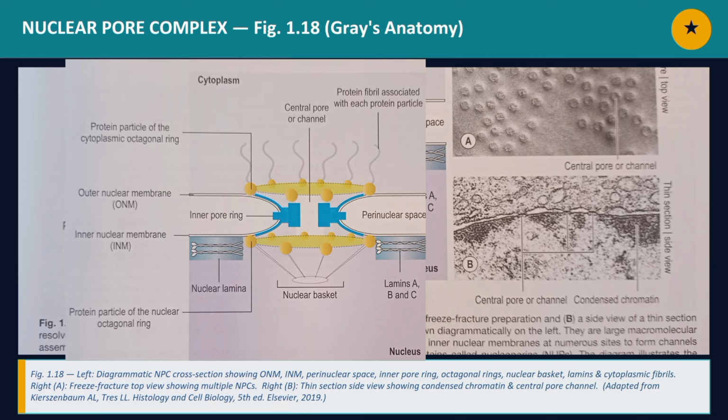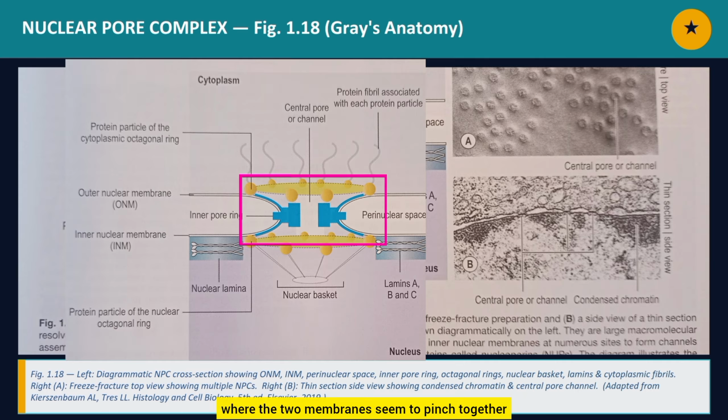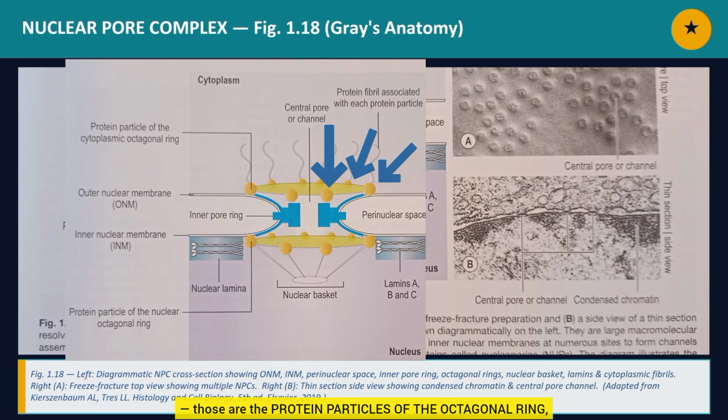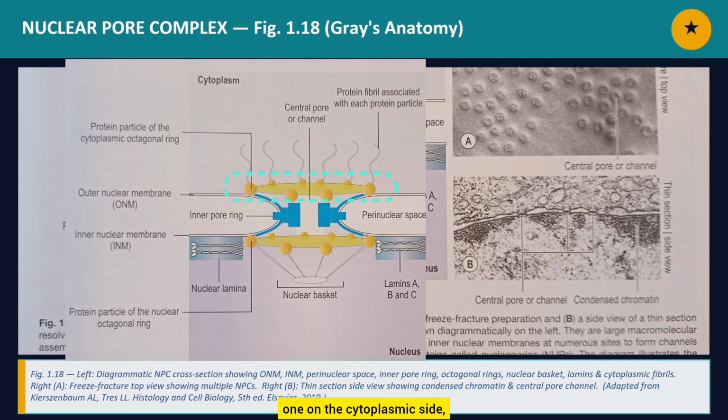Right in the middle, where the two membranes seem to pinch together, that is the nuclear pore complex itself. You can see the inner pore ring shown in blue, flanked by those golden yellow spheres. Those are the protein particles of the octagonal rings, one on the cytoplasmic side, one on the nuclear side. Coming down from the nuclear side, you see those converging lines. That funnel-like structure is the nuclear basket.